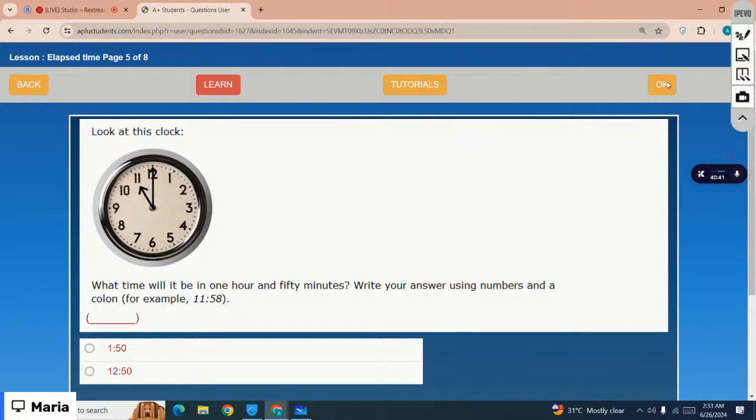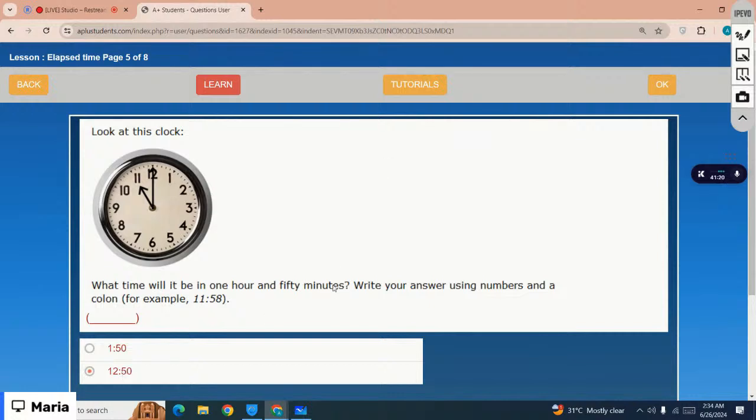Look at this clock, which is the correct option? The correct option is 12:50.